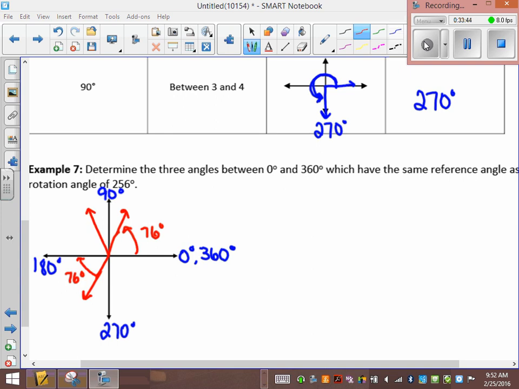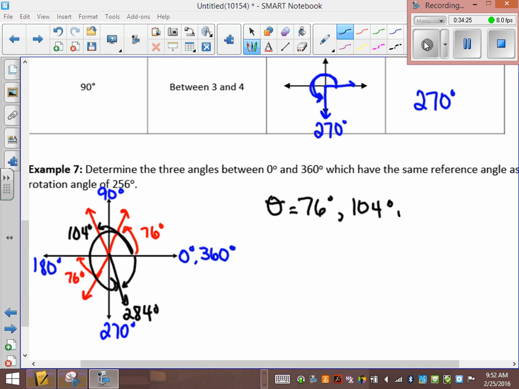What's this one going to be? 104. Okay, and then 76 here, 284. So all the angles that have the same reference angle of 76 are: theta equals 76, 104, and 284.